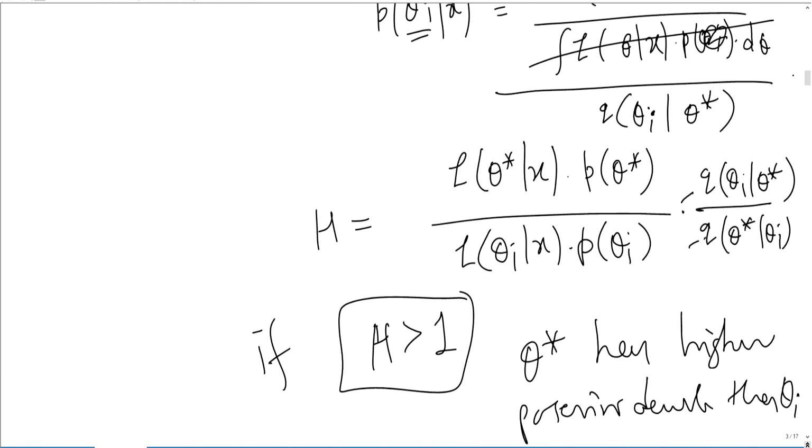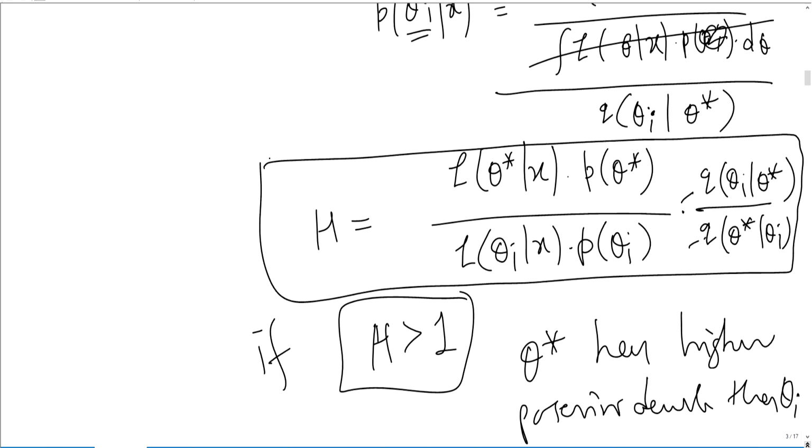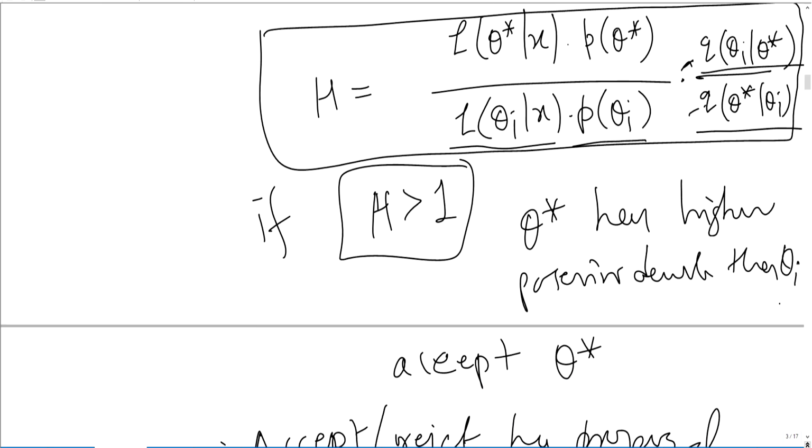The formula of the Hastings ratio is likelihood times prior for theta star, multiplied with the backward density kernel q of theta I given theta star, divided by likelihood of theta I, prior density of theta I, where theta I is the current state of the chain, and the forward transition q of theta star given theta I. So, this is the Hastings ratio.